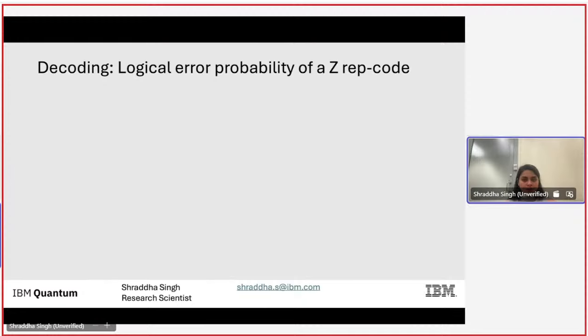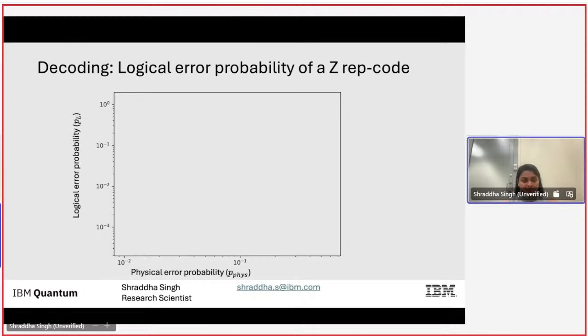So the way to go about it is basically to rely on the good old probability of errors that I showed you on the very first slide. That is, we assume that the probability of having a 2 qubit error is lower than the probability of having a single qubit error, and thus we can come up with a maximum likelihood decoding algorithm to check which qubit underwent an error, where to apply the exact correction, and what type of correction to get my logical value back.